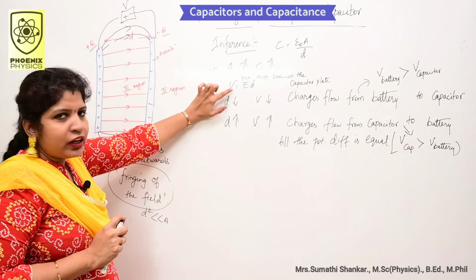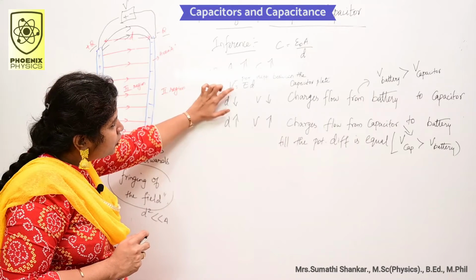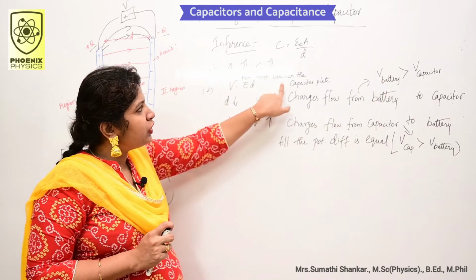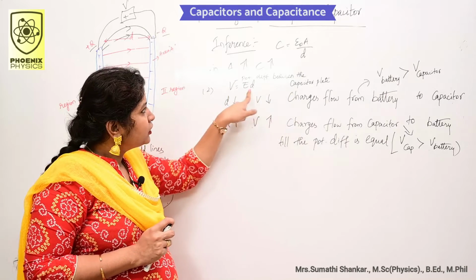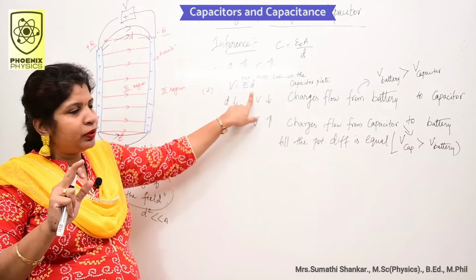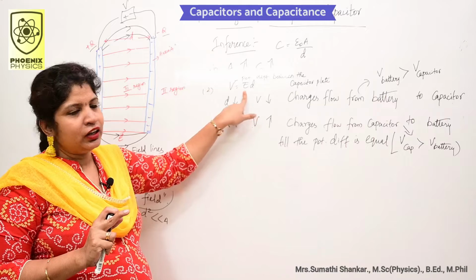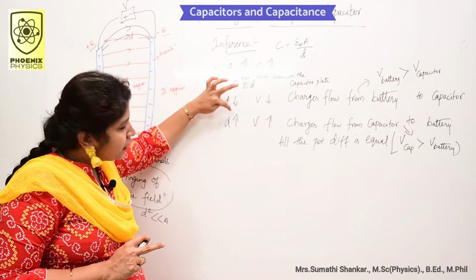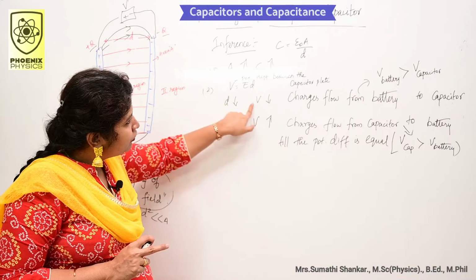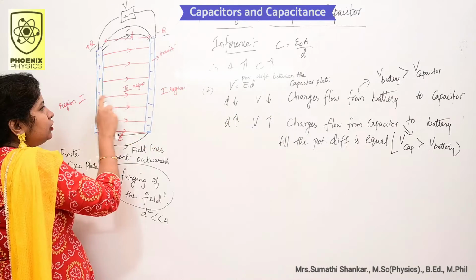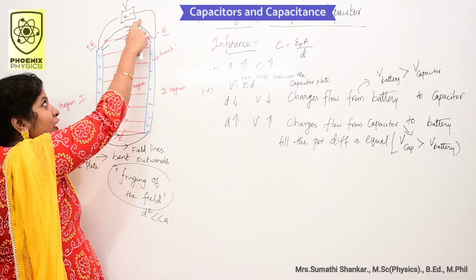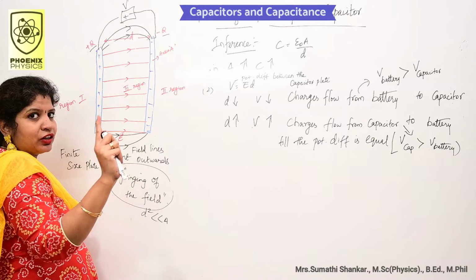Then second equation, here V is equal to E D. What is this V? Potential difference between the capacitor plate. This D is distance between the two plates. E is electric field. From this expression, if D is reduced, potential difference between the plates decreases. Suppose if you connect these two plates with the battery, means the battery has one potential difference, right?